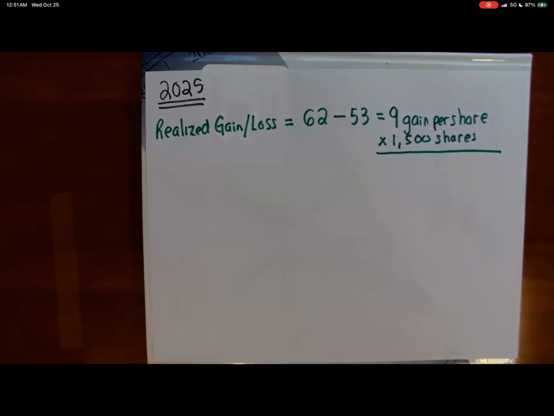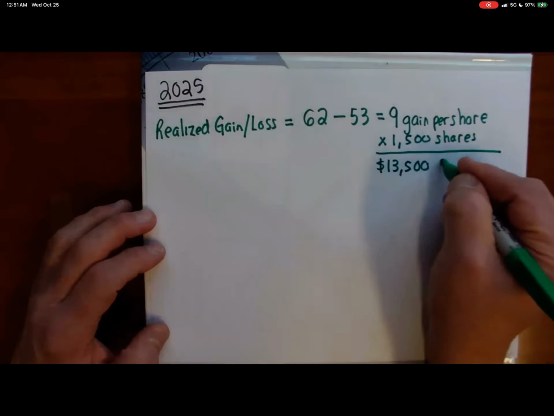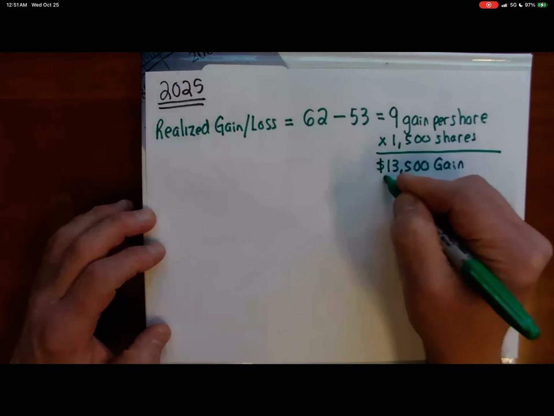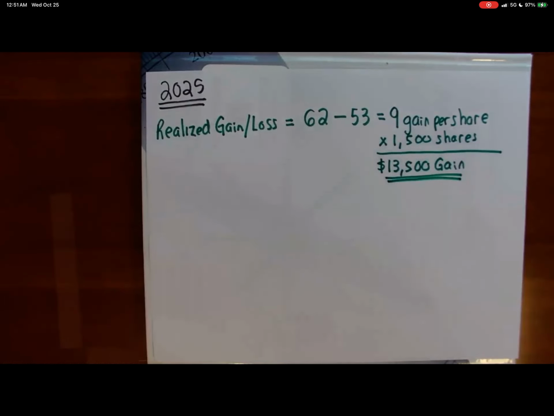And in 2025, we would have a realized gain of $13,500. Okay, everybody okay with his first calculation?